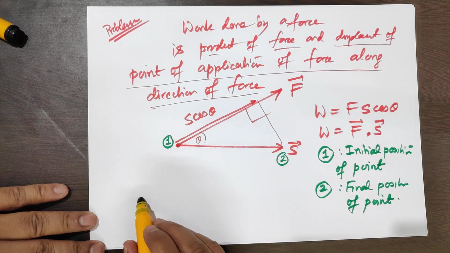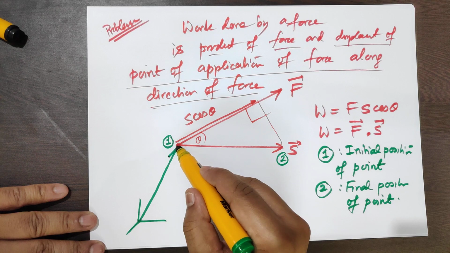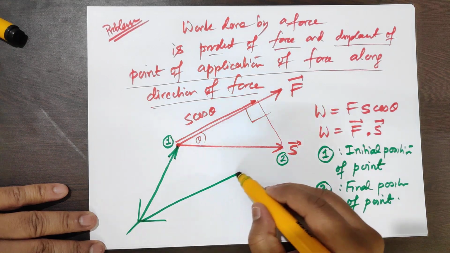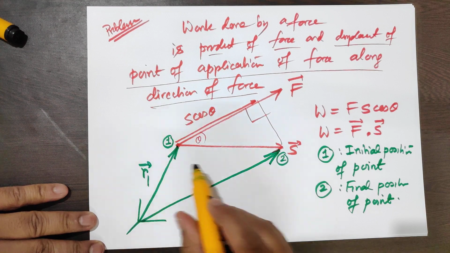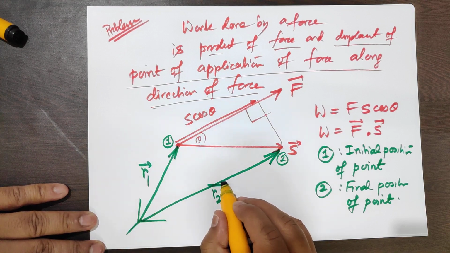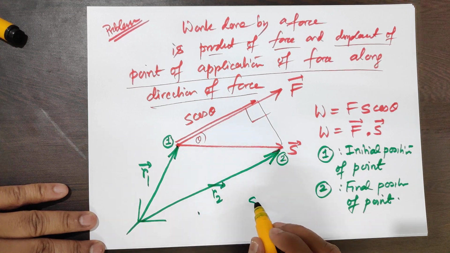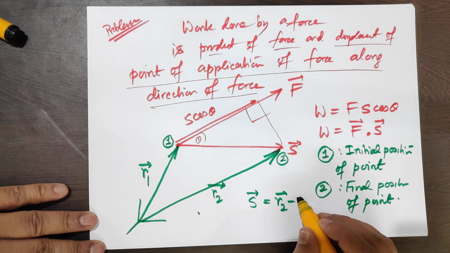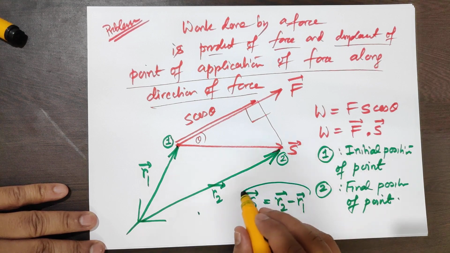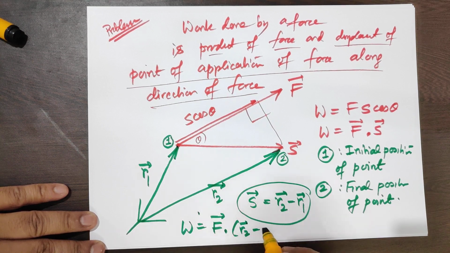With respect to a certain coordinate system, we can describe positions by position vectors. That's r1 position vector, r2, right? So this S, we all know, is the change in the position vectors, r2 minus r1. So work done is equal to F dot (r2 minus r1).